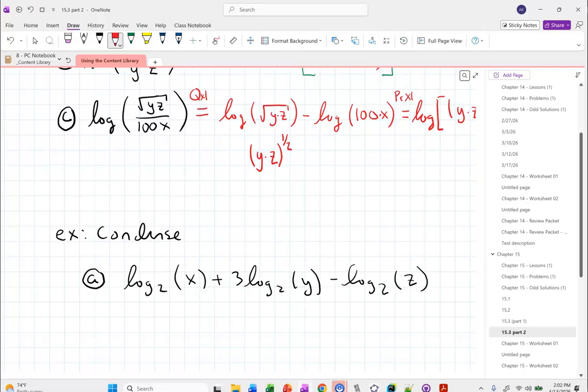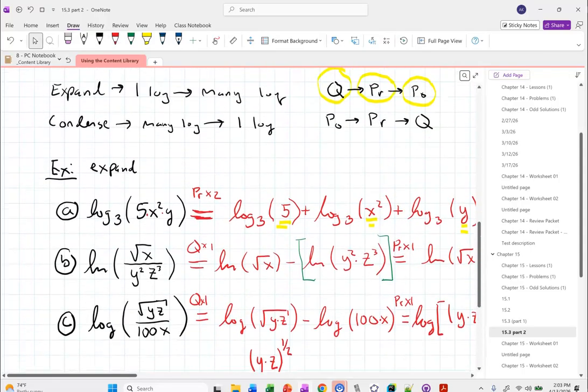So in condensing, we're trying to accomplish the opposite, right? We want to take a bunch of logarithms and squish them together into one. So we're going to be using those same three rules of logarithms, but we're going to follow them in reverse order. So instead of going quotient, product, power that we do for expanding, we're going to go power, product, quotient when condensing.